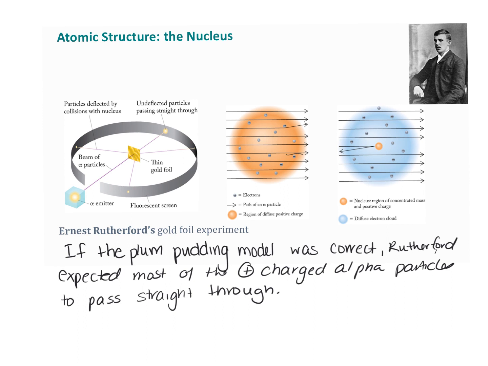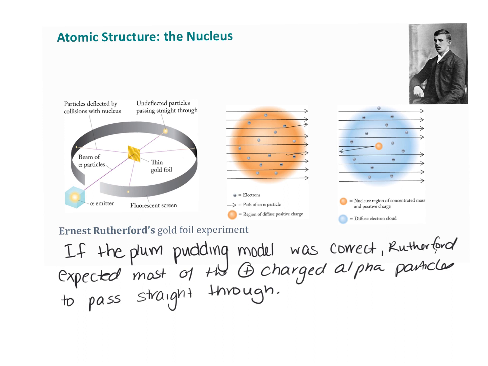He was shocked when he got big deflections, right? So it was nothing like he experienced. What they started seeing was some would be deflected with wide angles, a lot would pass through, and some would even bounce back at the alpha emitter. And so this is actually kind of what they saw, that bouncing back.